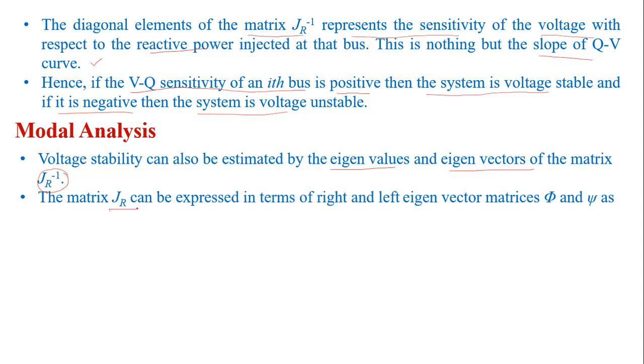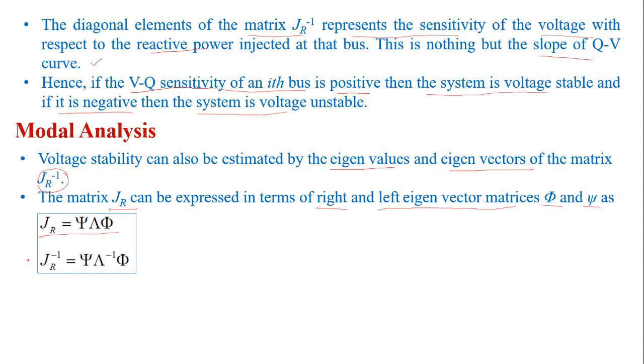So the matrix JR can be expressed in terms of right and left eigenvector matrices, that is phi and psi. As we can express this, JR I can write as psi, lambda, a diagonal modal matrix, into phi. Psi is the left eigenvector matrix and phi is the right eigenvector matrix.